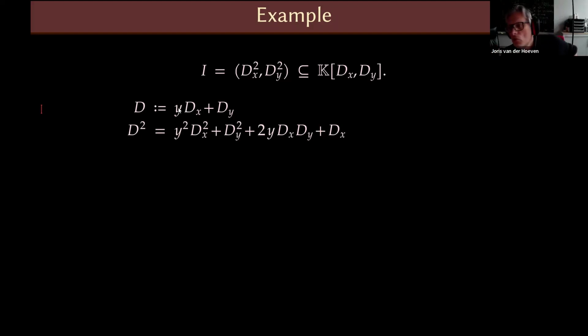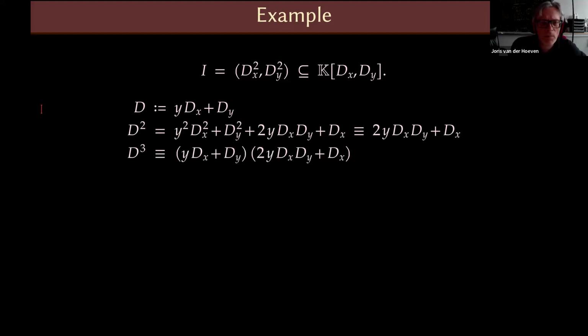It's non-commutative. If we just expand, we get this thing here. But now modulo I, these squares are 0, so it's just the right-hand side that we see here that remains.